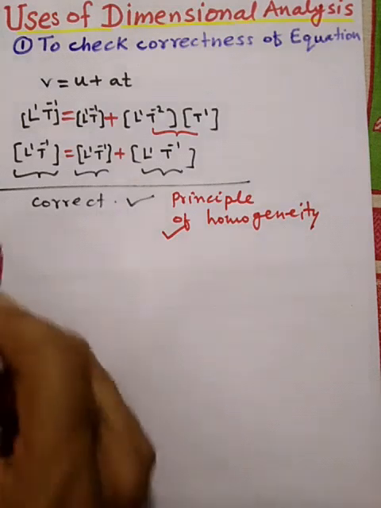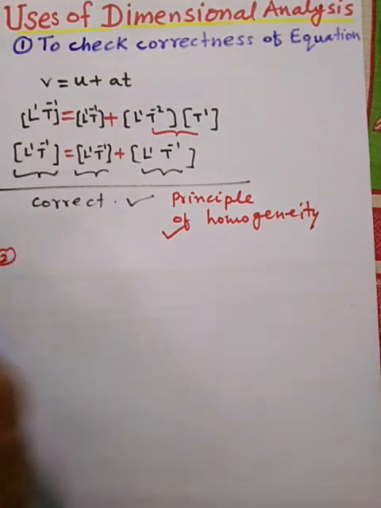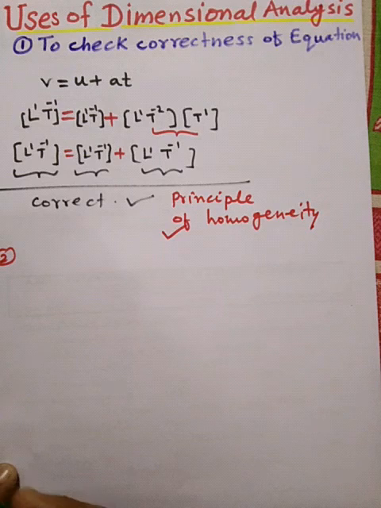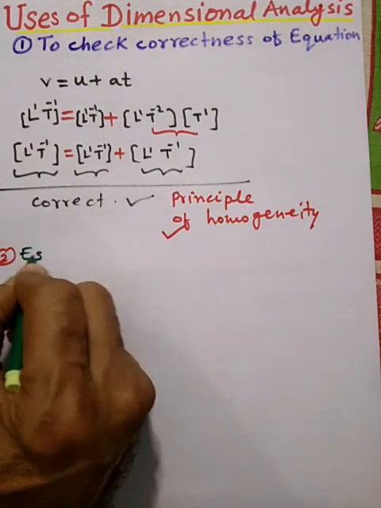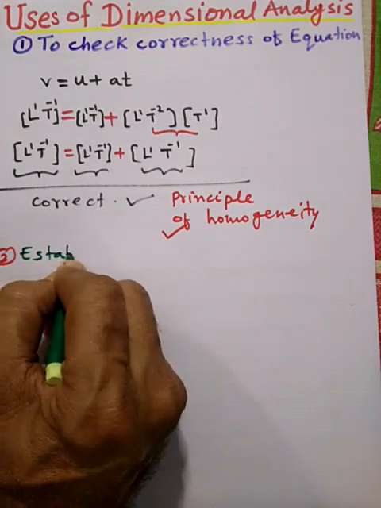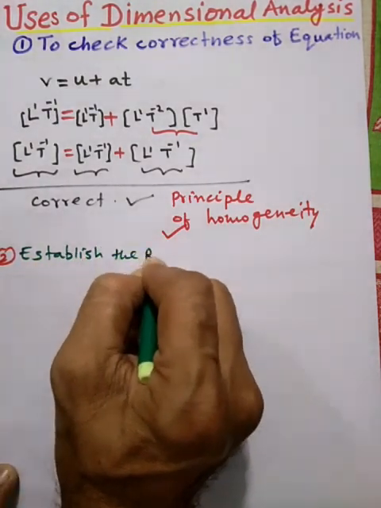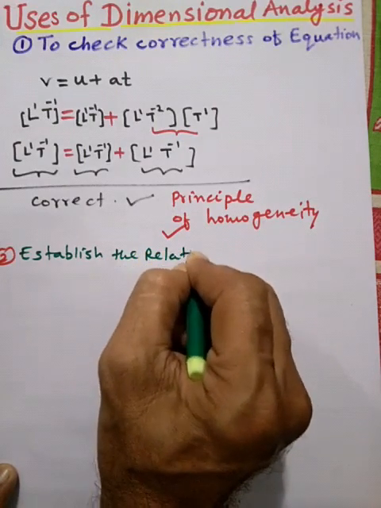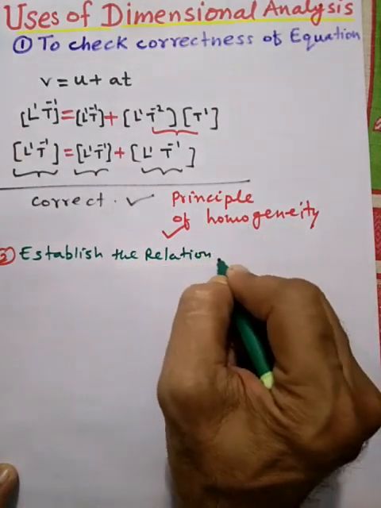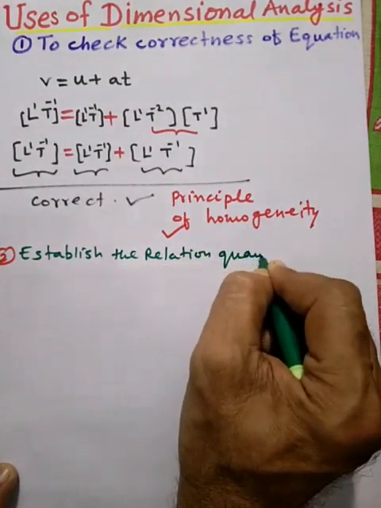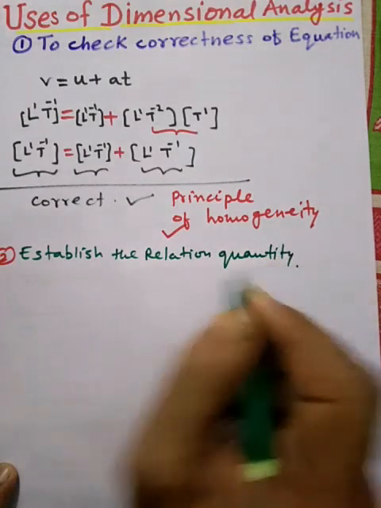Second use of dimensional analysis is to establish the relation between physical quantities, any two quantities.